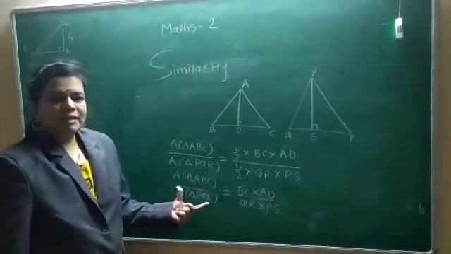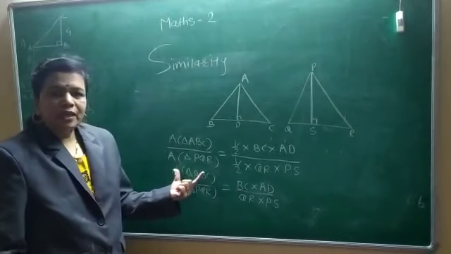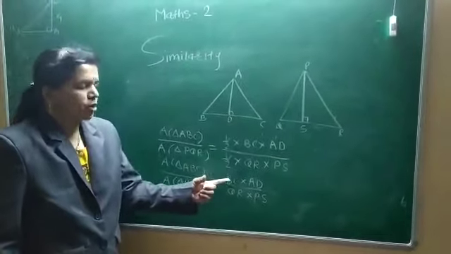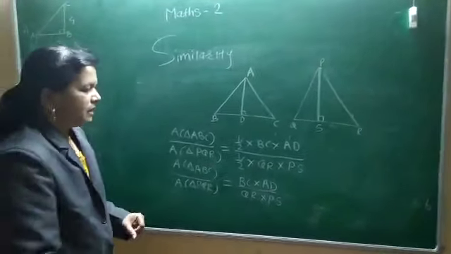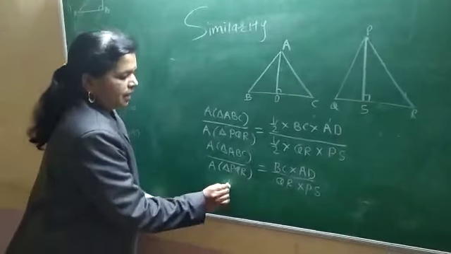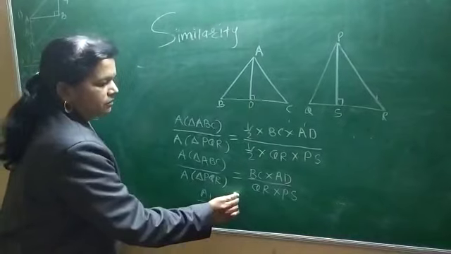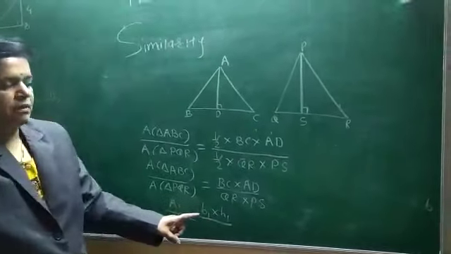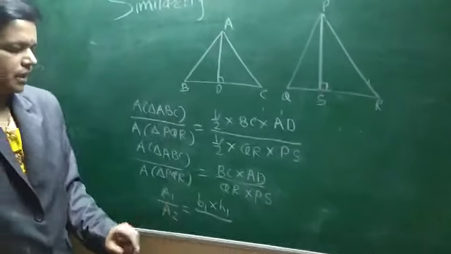Here we can make a sentence of this. The ratio of areas of two triangles is the ratio of the product of their bases and corresponding heights. We can write in short: area of first triangle upon area of second triangle is equal to B1 into H1 upon B2 into H2. B1 means base of first triangle, H1 means height of first triangle.